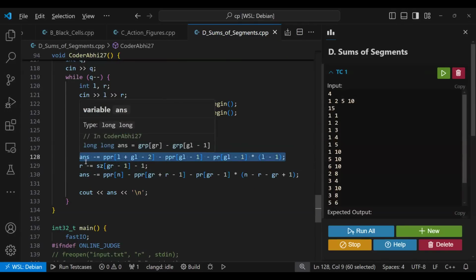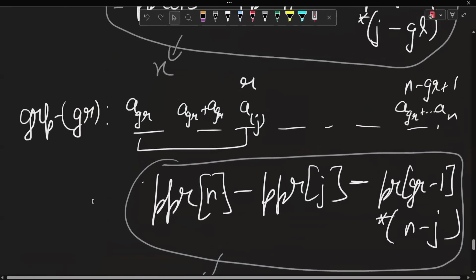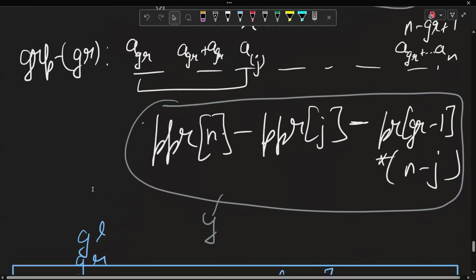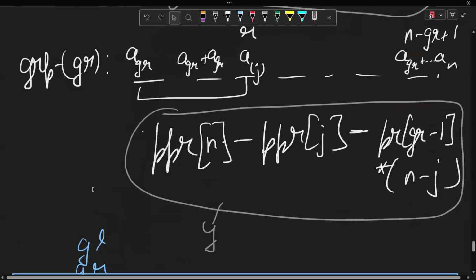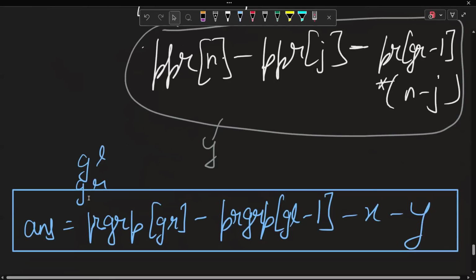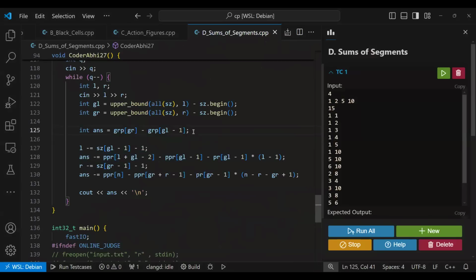Now we need to subtract this Y. What would it be for the R part? We could just take the previous group, the complete group, and use the partial formula of L to add it to the answer instead.